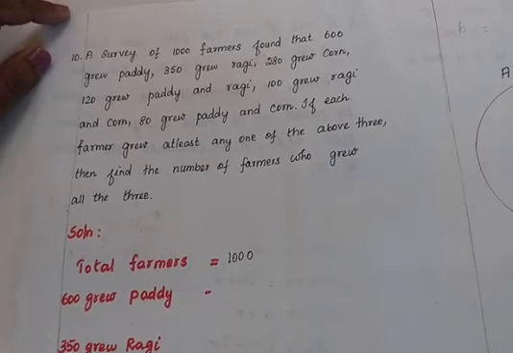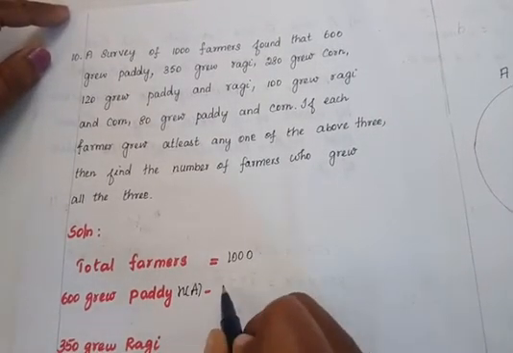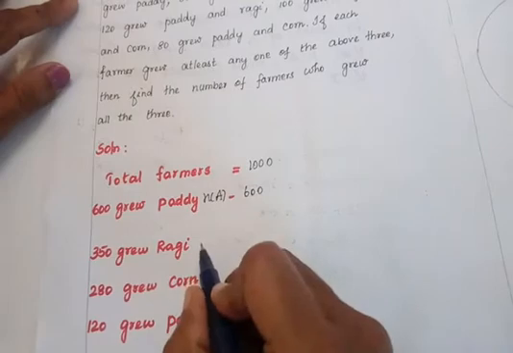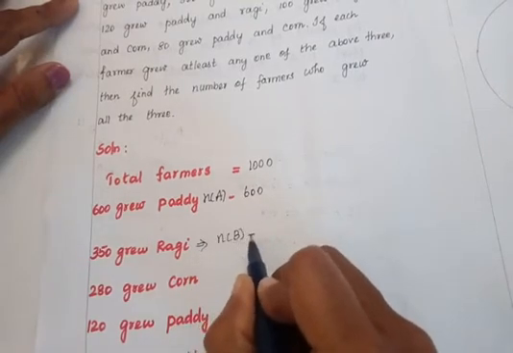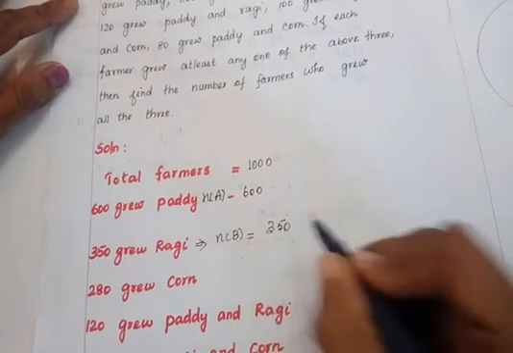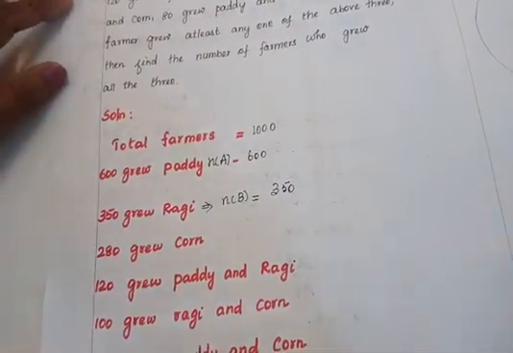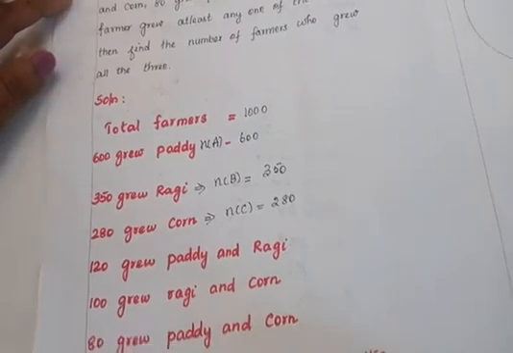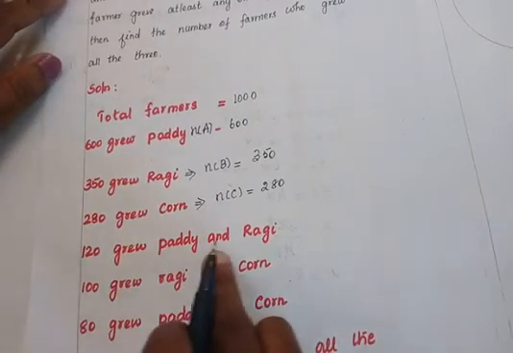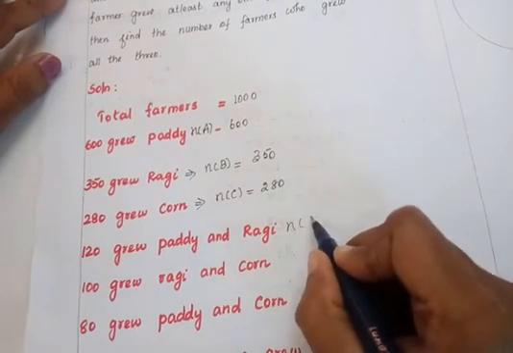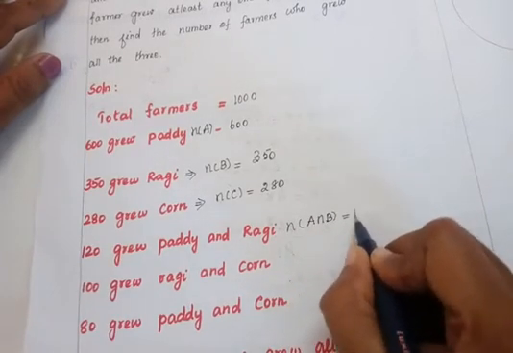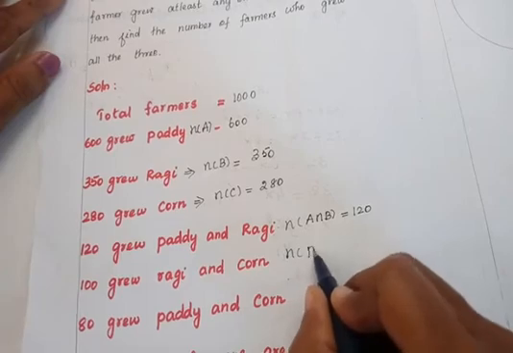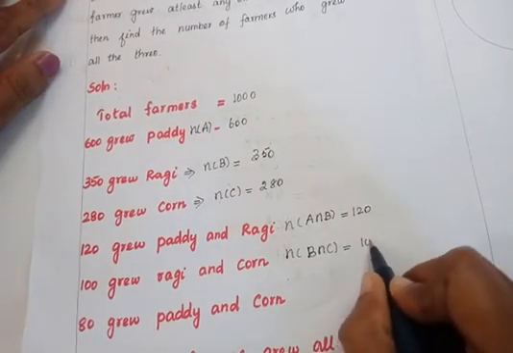600 grew paddy, that is n(A) = 600, and 350 grew ragi, so we write n(B) = 350, and 280 grew corn, so we take n(C) = 280, and 120 grew paddy and ragi, that is n(A ∩ B) = 120. 100 grew ragi and corn, that is n(B ∩ C) = 100.